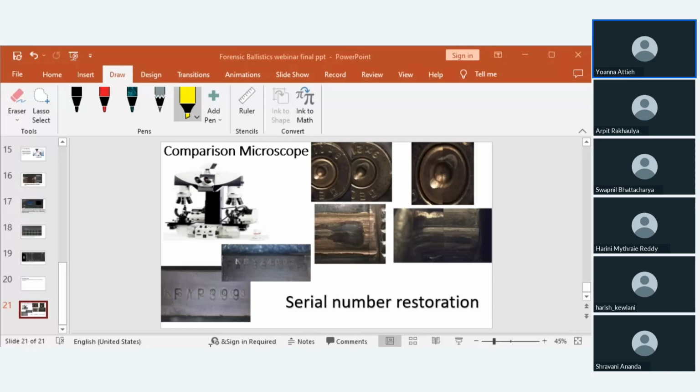Striations, guys, are the fine lines left on a bullet surface from the barrel rifling. These striations are unique to each barrel and can be used to match a bullet to a specific firearm.